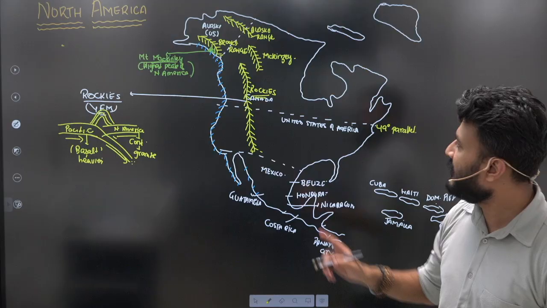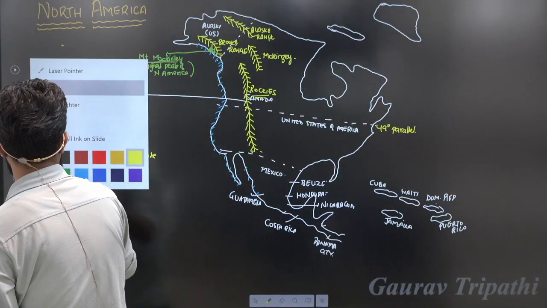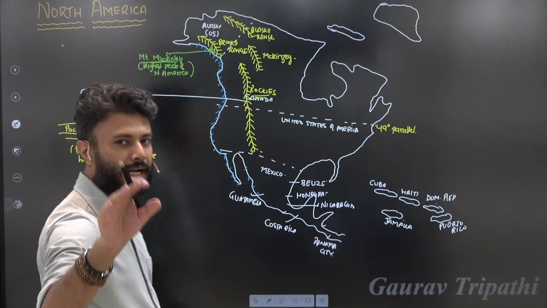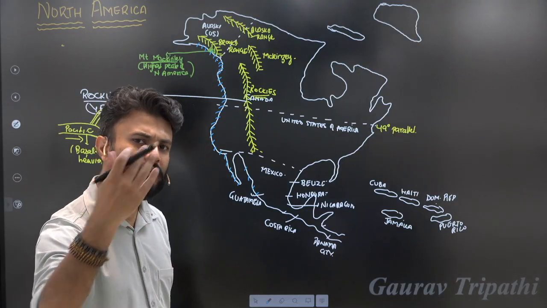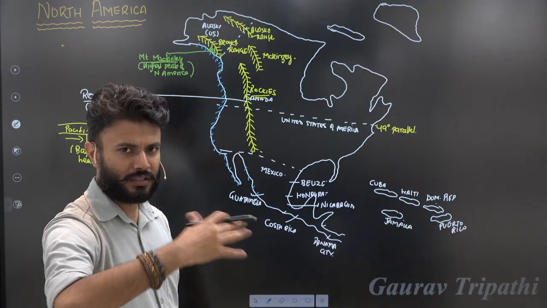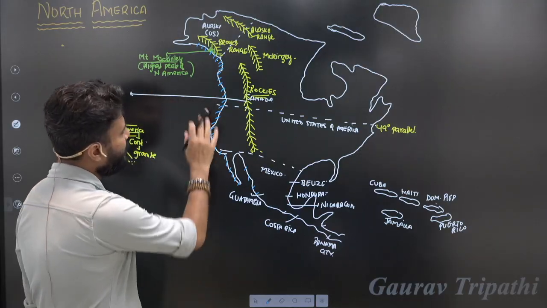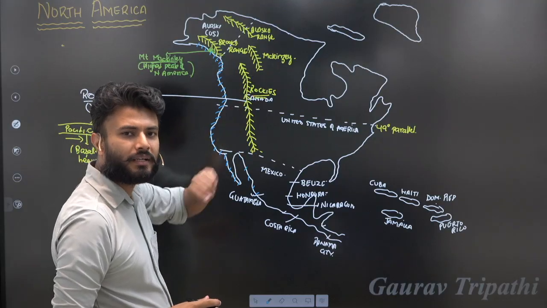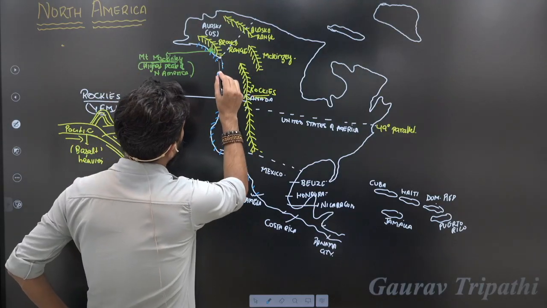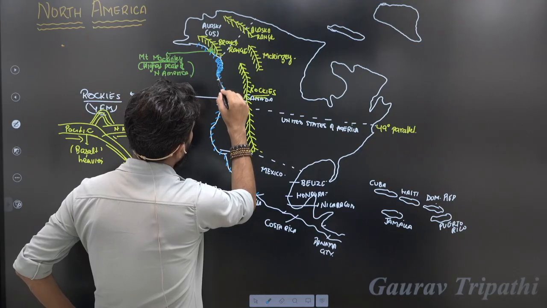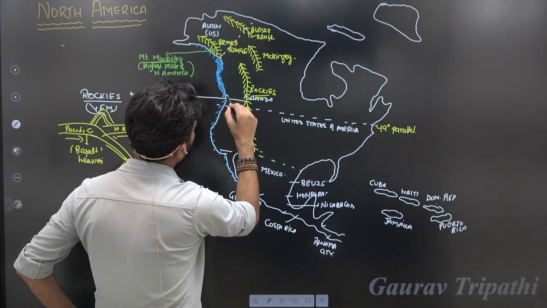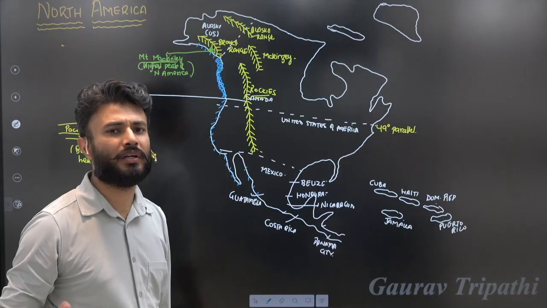The second important thing in the same location is, if you look at the physical map in your atlas, be ready with your atlas and keep looking at these locations along with this discussion. When you look closely at the North American map, you will see that in this section the coastline is highly indented and highly broken. It is very irregular.